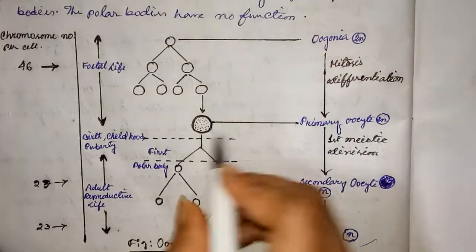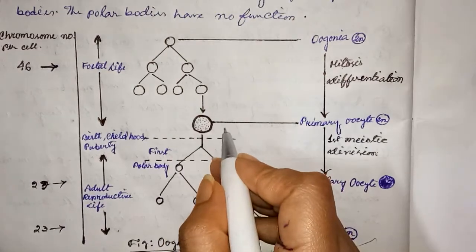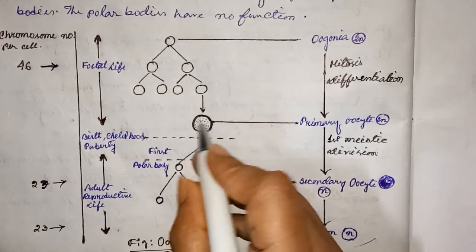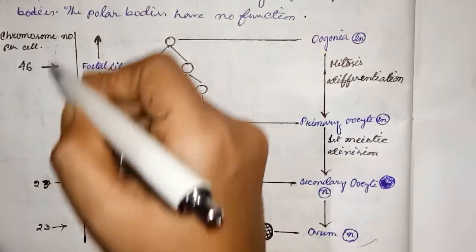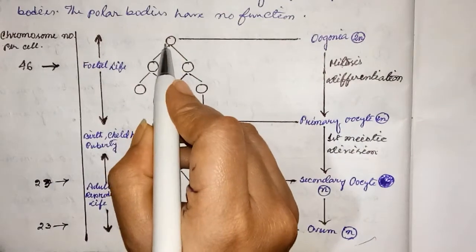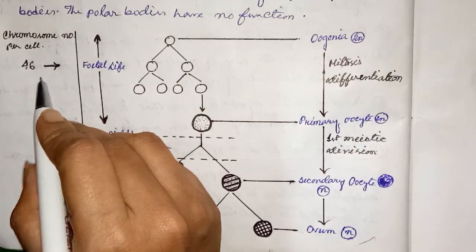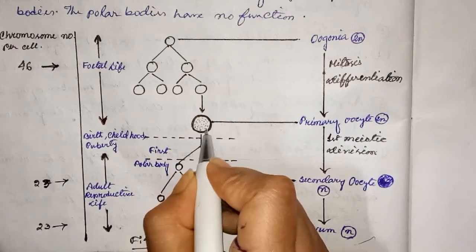Next, primary oocyte, which is 2n, and its chromosome number is 46. Here it shows the chromosome number per cell. First the oogonia, which is 46 in chromosome number. Next, primary oocyte, which is again 46.